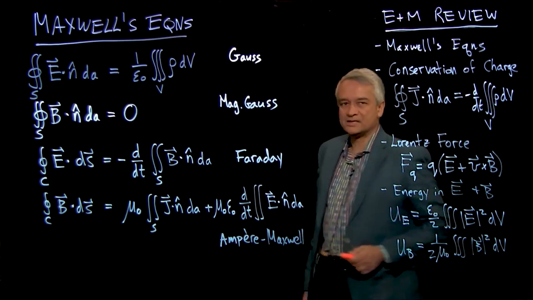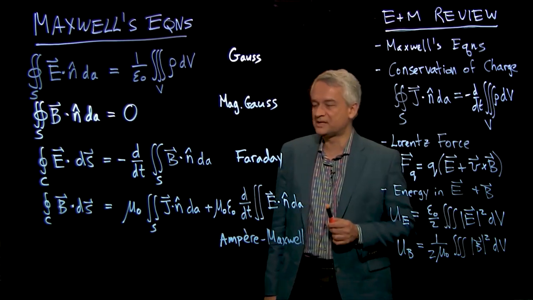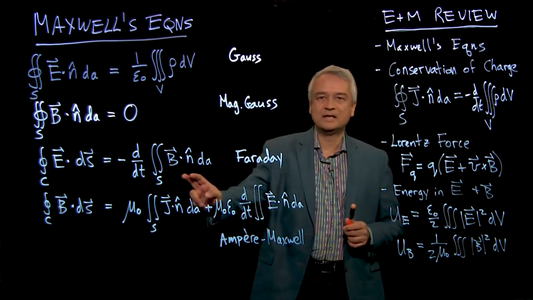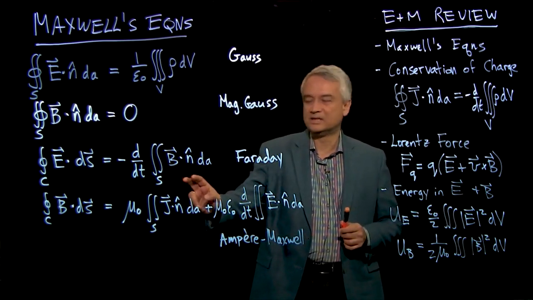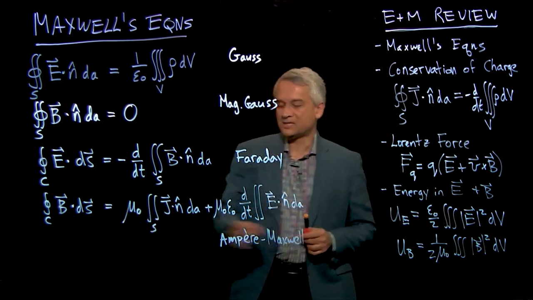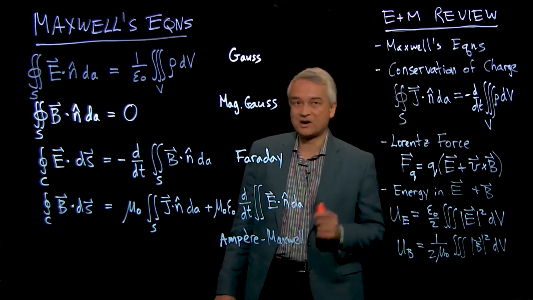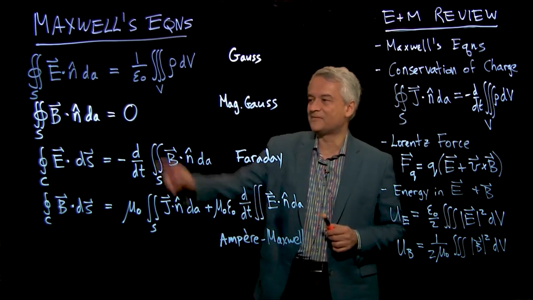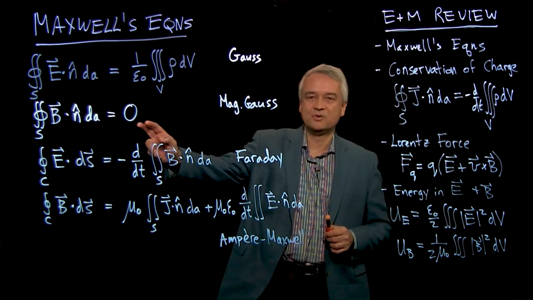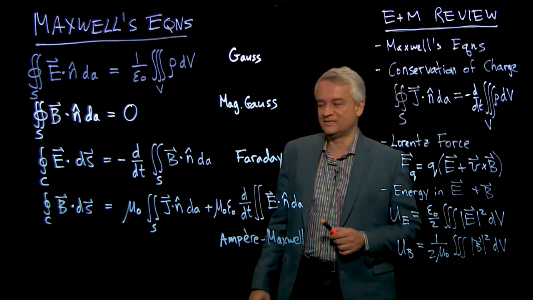Then we get to Faraday's law. Faraday's law says there's another way to make electric fields, and that is if you have a time-varying magnetic field, that's going to make electric fields. And then the last one, the Ampere-Maxwell equation, tells us that even though the last one sounds like no monopoles, no field, there are in fact two ways of making magnetic fields.